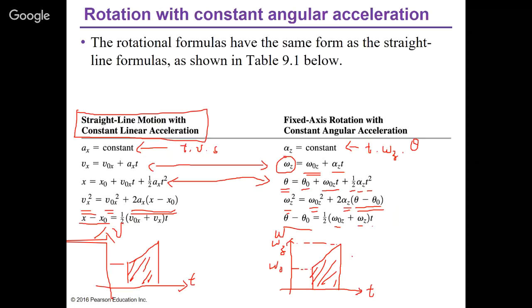Okay, and the equations are exactly the same as the linear motion kinematic equations, except that you basically swap v to omega, and you change x to theta. Okay, and you change a to alpha. The rest stays the same.